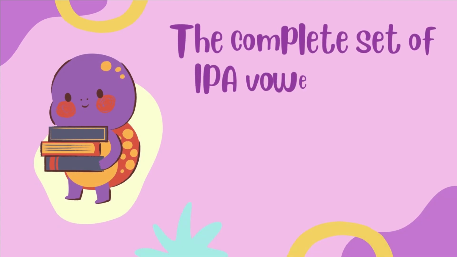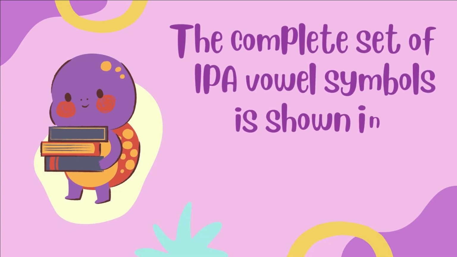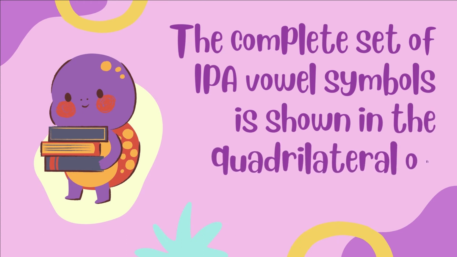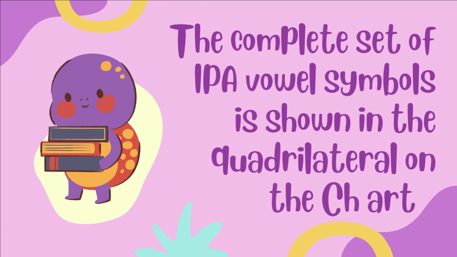The complete set of IPA vowel symbols is shown in the quadrilateral on the chart. In addition to the cardinal vowels already discussed, which lie on the outside edge of the quadrilateral, there are symbols for mid-central vowels and for vowels at a number of intermediate locations.